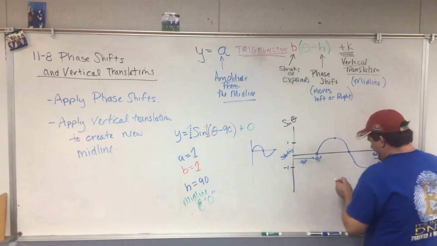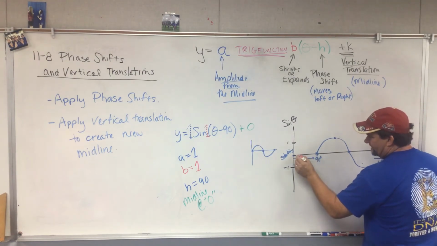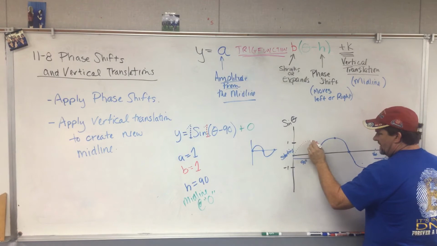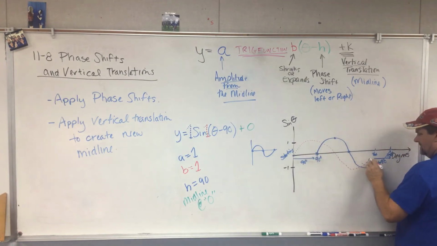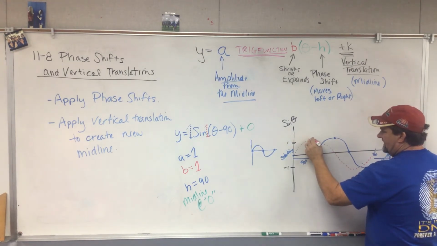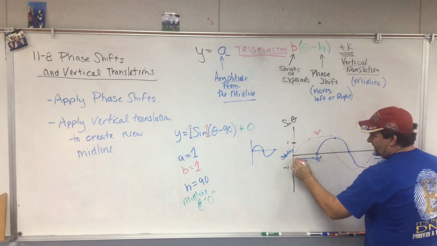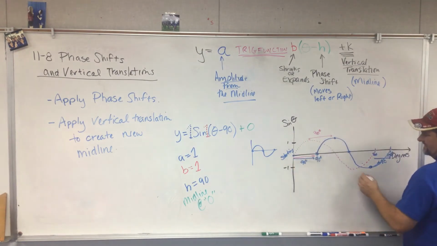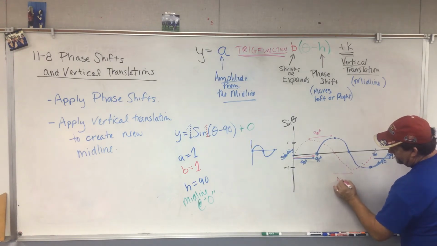If I real lightly draw a dot of our regular sine graph, our dotted line looks like that. And so this point here moved 90 degrees. This point here moved 90 degrees. This point here moved 90 degrees.